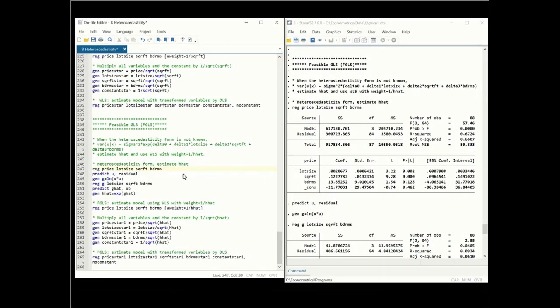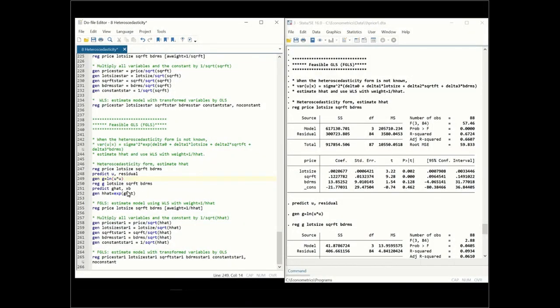So let's estimate it first. How do we estimate it? We regress the price on the lot size, square footage and bedrooms. We predict the residual, and then we take the log of the squared residual, call it g. Then we use a regression of g on the independent variables.